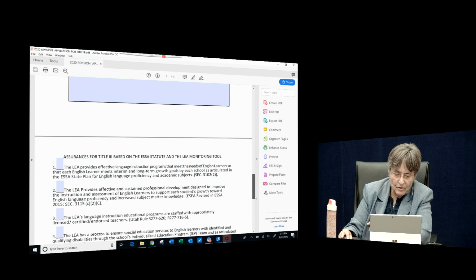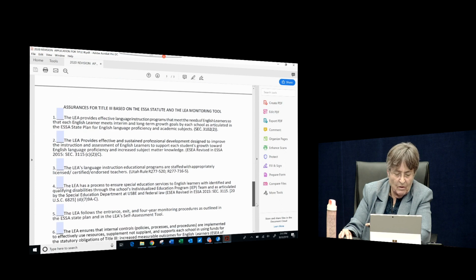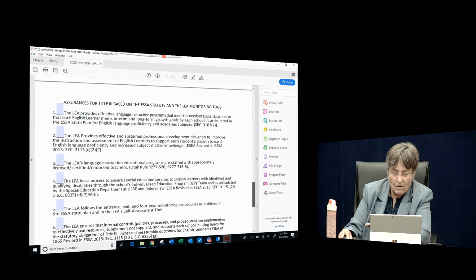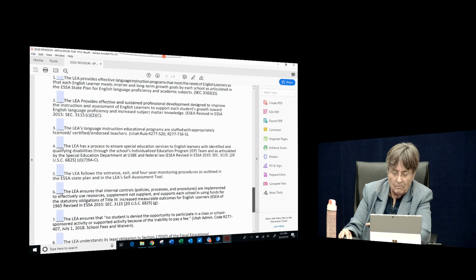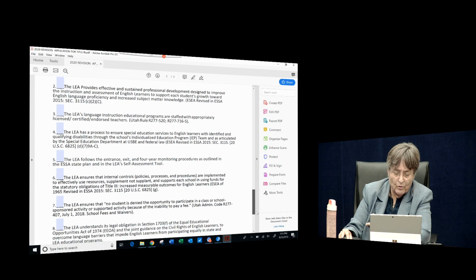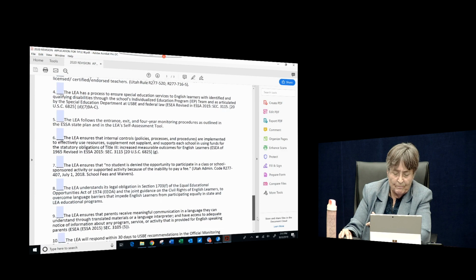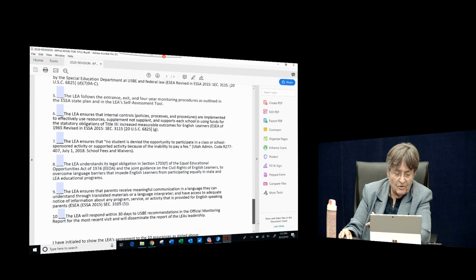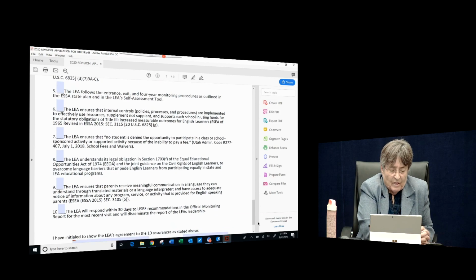Here are the assurances. They're the same as last year, but if you notice, there's a very clear citation of either law, board rule, ESSA, or the admin code. They're all important.